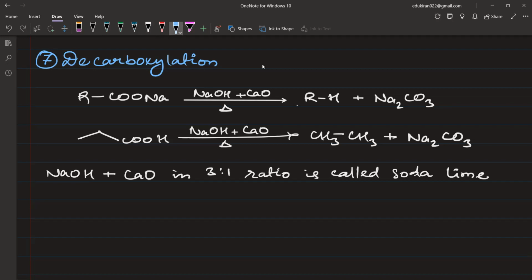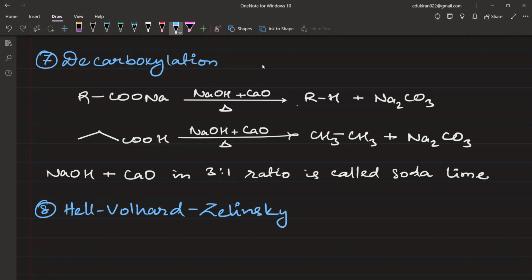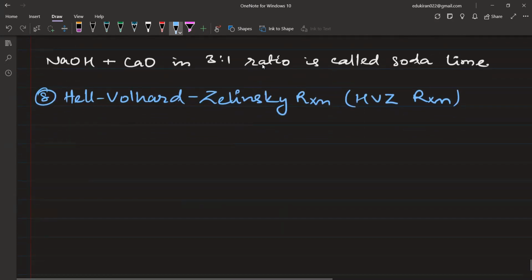All right, the 8th reaction, the Hell-Volhard-Zelinsky reaction, also known as the HVZ reaction. It's a very easy reaction.